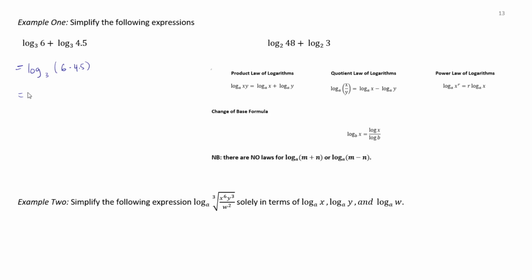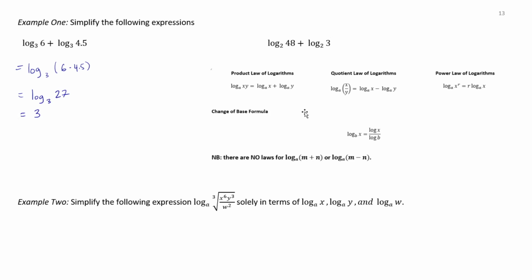We take the two numbers, we multiply them together, and we put it to the same base for the logarithm. And what we end up having here is log base 3 of 27. And so the final answer here is log 27 base 3 is equal to 3.